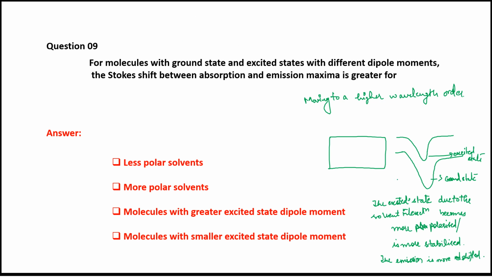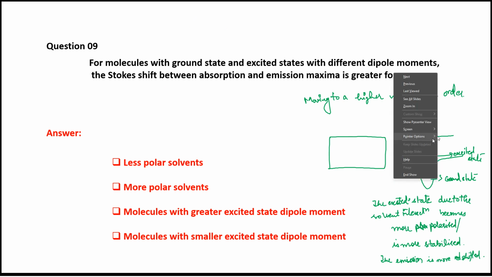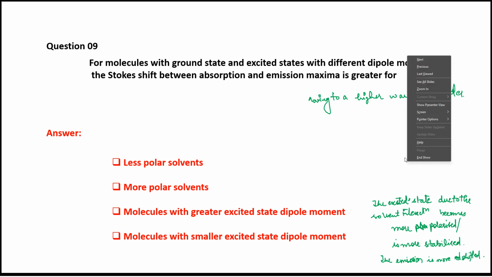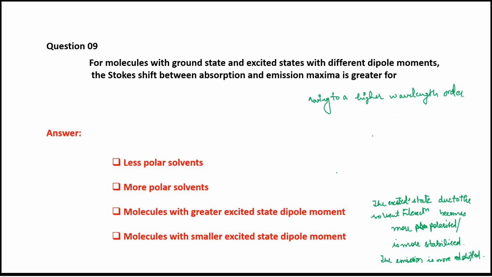Pictorially, if you want to draw this, I'll just rub it out so that the picture is clearer. Consider the ground state has a certain dipole moment, mu g.